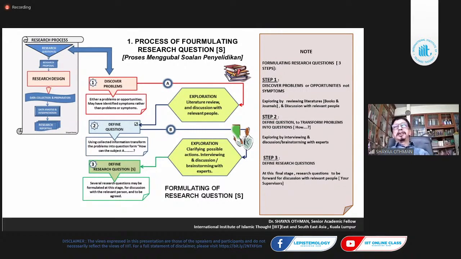Pure research basically relates to, for example, the development of theory, such as mathematical theory. I once asked one of my students to try to develop a theory calculation for determining the financial viability of a project.